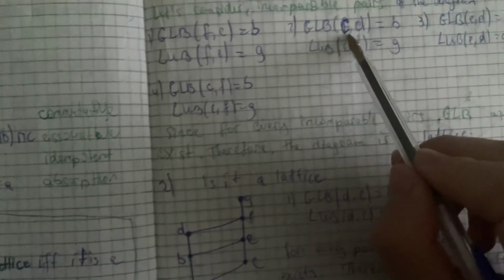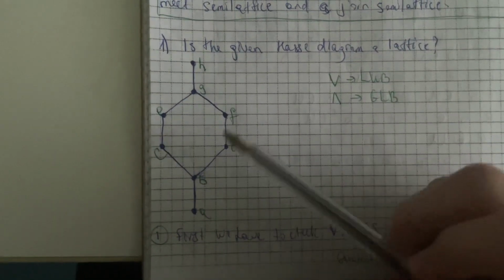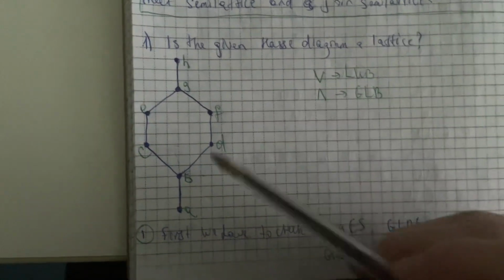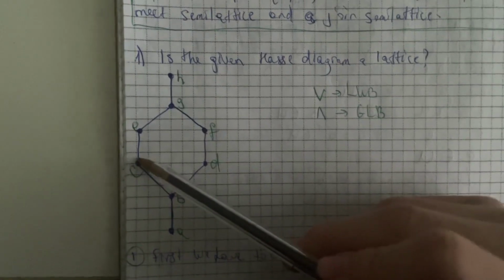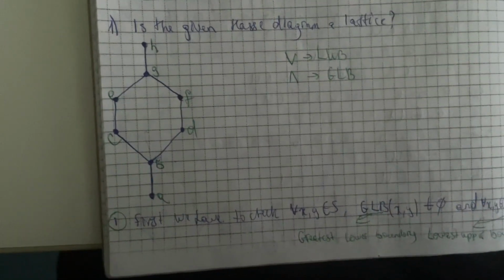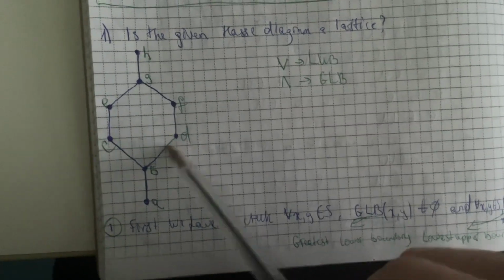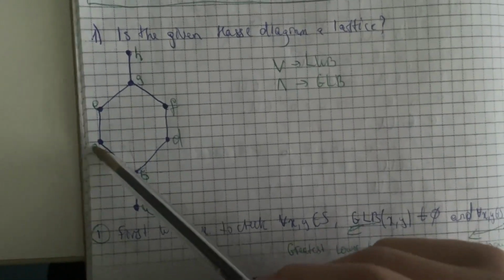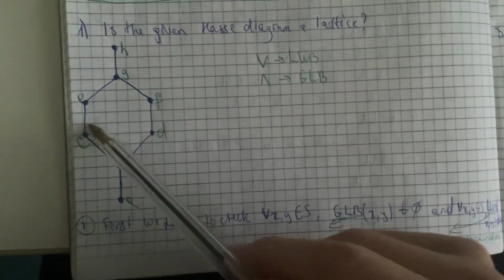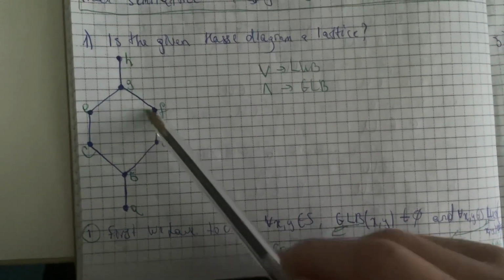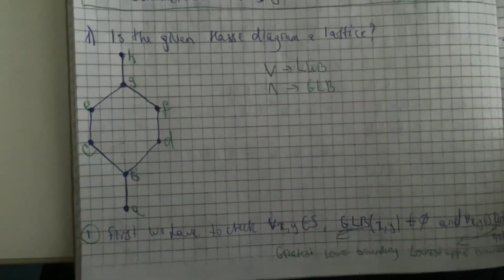Another one is C and T. They are also incomparable, and in the greatest lower bound they meet again in B, and in the lowest upper bound, in the upper part, they meet in G.